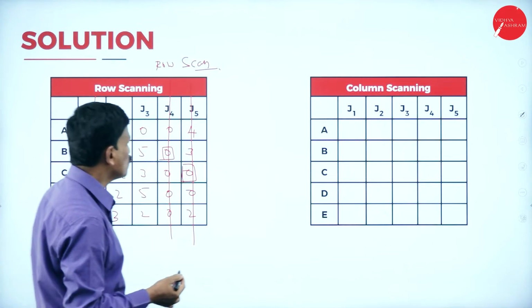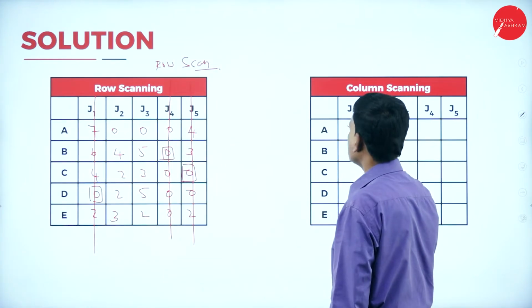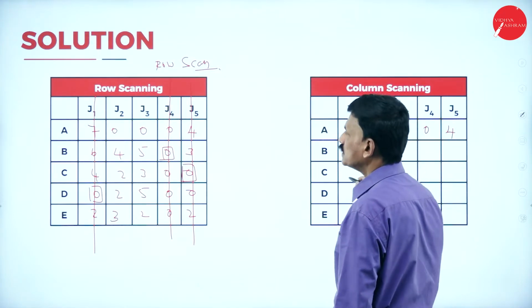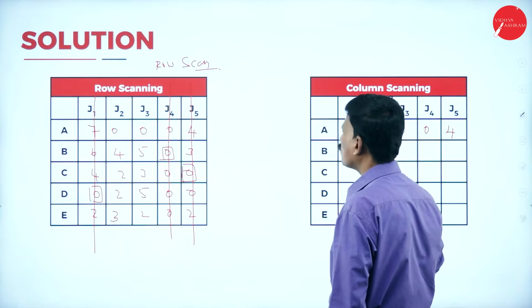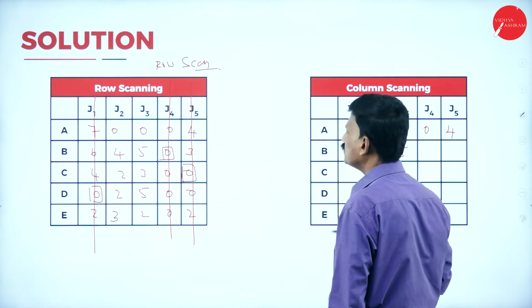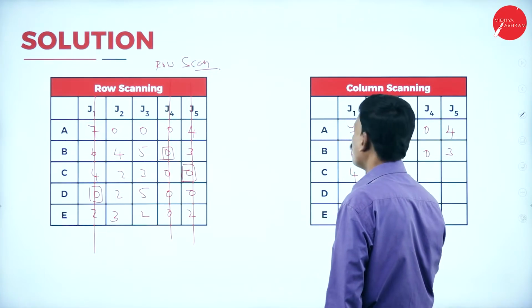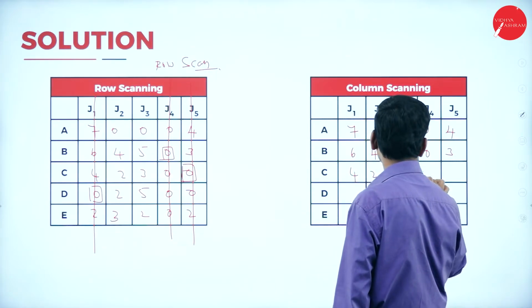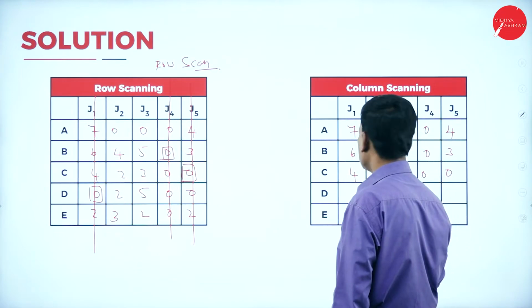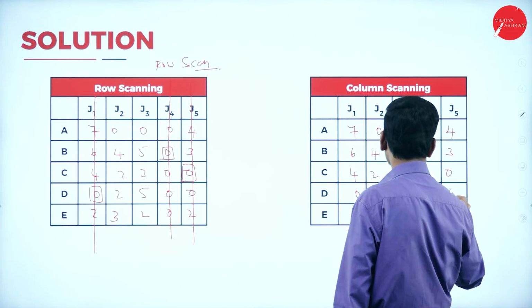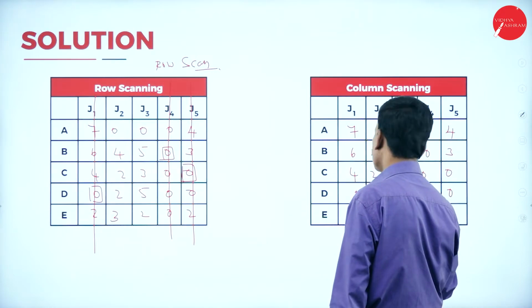Now come to the column scanning. So same elements I will take: 0, 0, 0, 4, again 6, 4, 5, 0, 3, again 4, 2, 3, 0, 0, again 0, 2, 5, 0, 0, again 2, 3, 2, 0, 2.